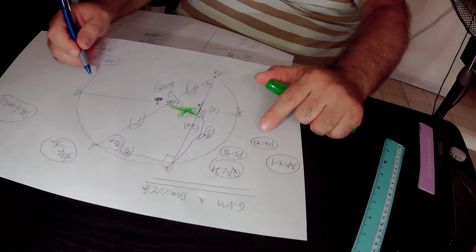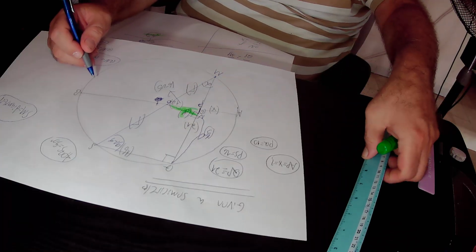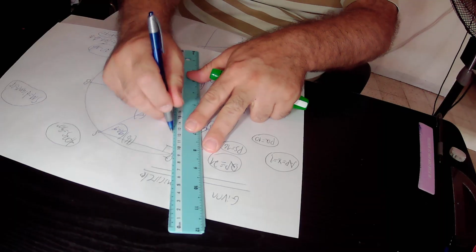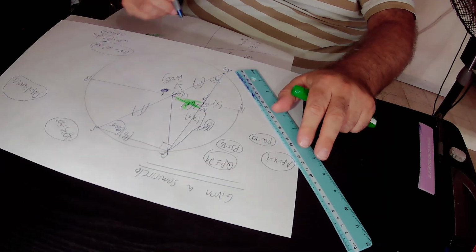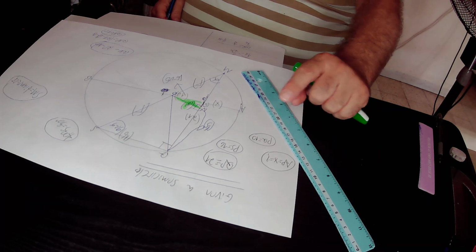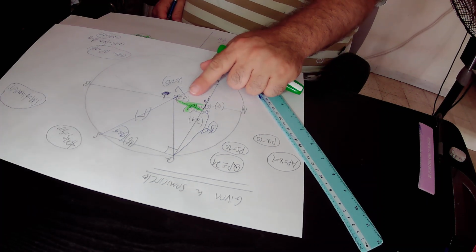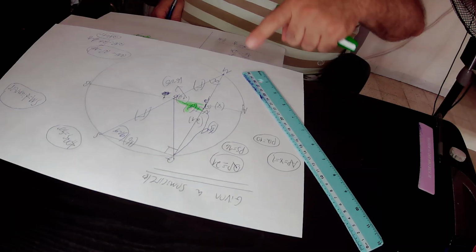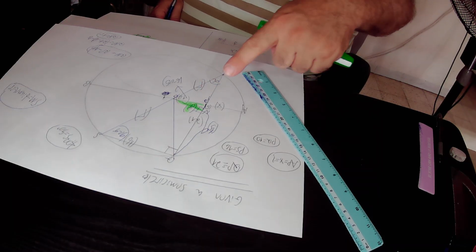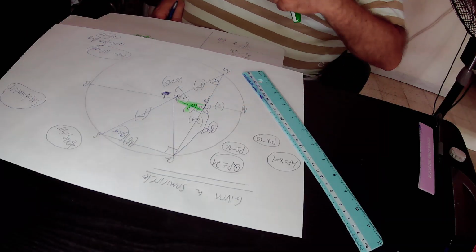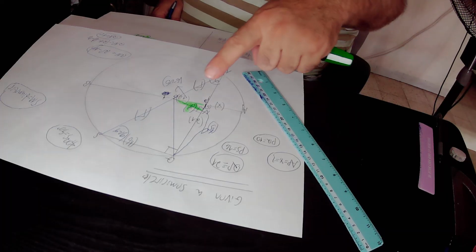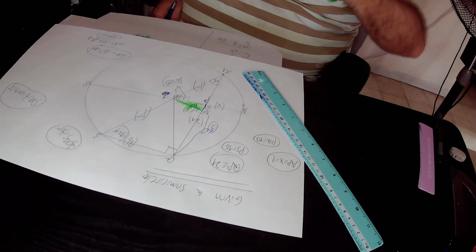In the next step, we join points Q and O together by a straight line. QO is of course the radius of this circle, which is defined as R. So in the next step, I'll copy the right triangle QON in a new page, and we implement the Pythagoras theorem on this right triangle QON.